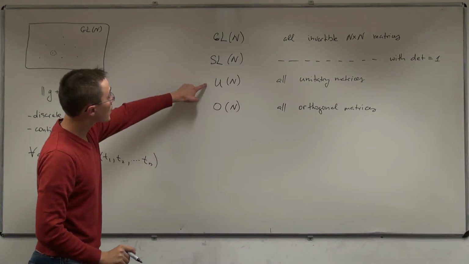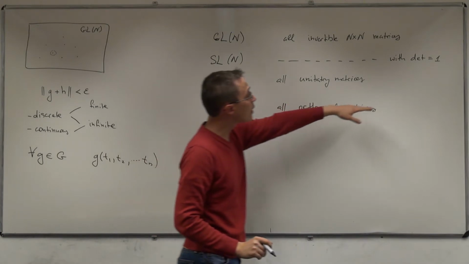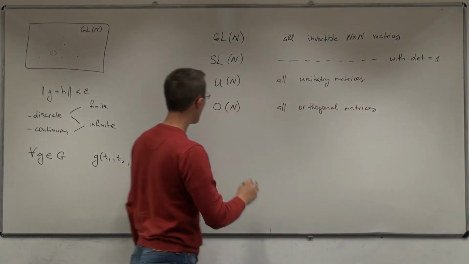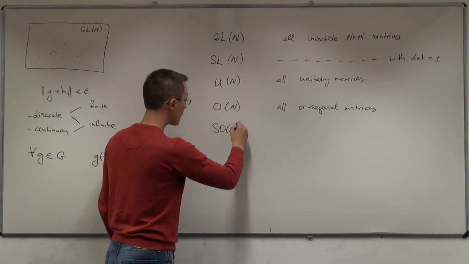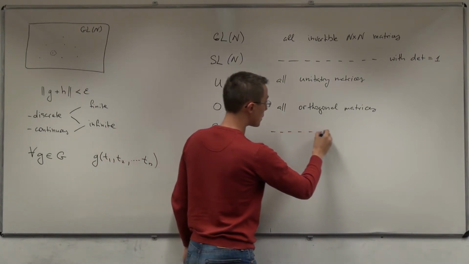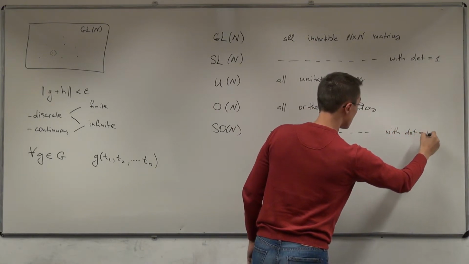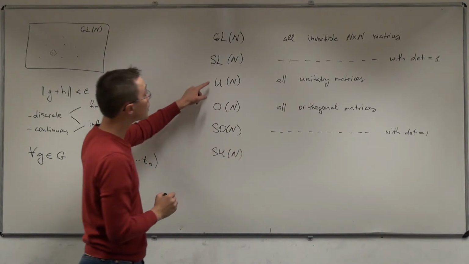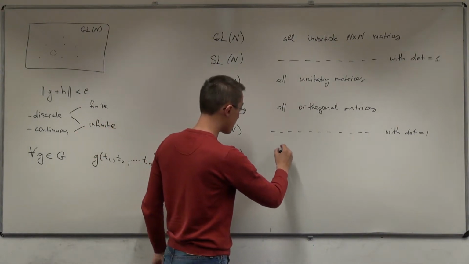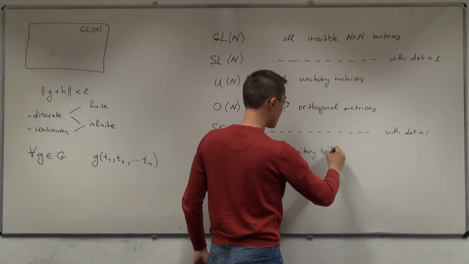And the special variants of either: if we also require the determinant to be equal to 1, then we get, for orthogonal groups, SON. So all orthogonal matrices with determinant 1, and SUN for the unitaries. So all unitary matrices with determinant 1.